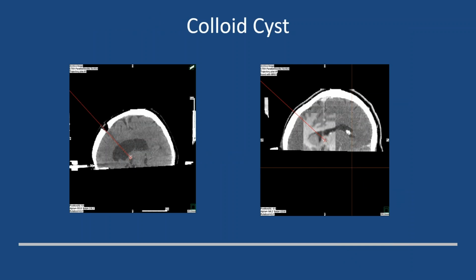And finally, I do a lot of colloid cyst endoscopic resections, where again you can use the intraop CT, and I use even the stereotactic endoscopic approach and prove, particularly if you have a hyperdense colloid cyst, that you've completely removed the cyst at the end of surgery.